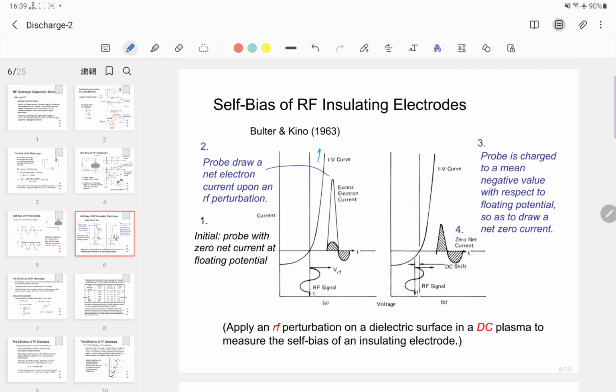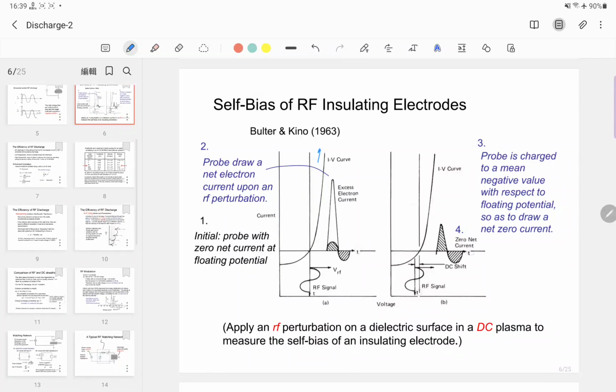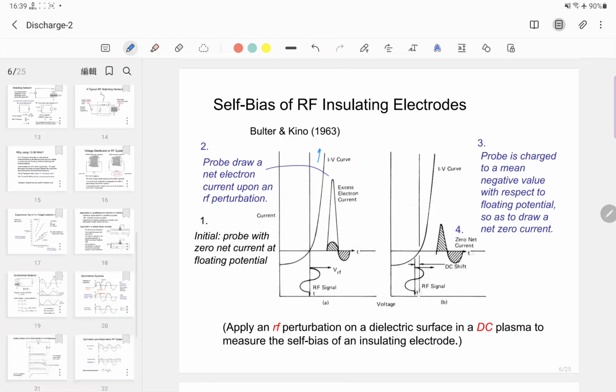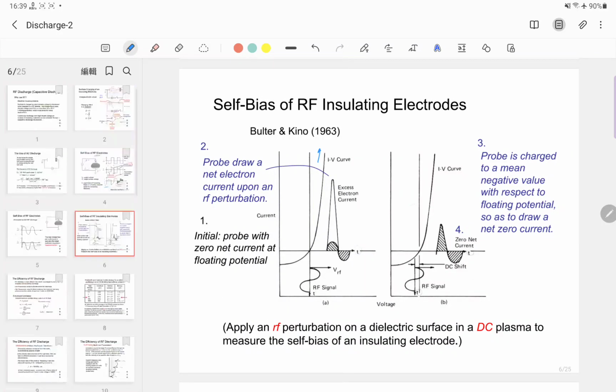Since the probe is exposed to plasma, the probe surface is bombarded by both electrons and ions. Electrons are negative charge, ions are positive charge in the plasma. So the probe collects electron current and ion current, but the net current equals 0 amp.